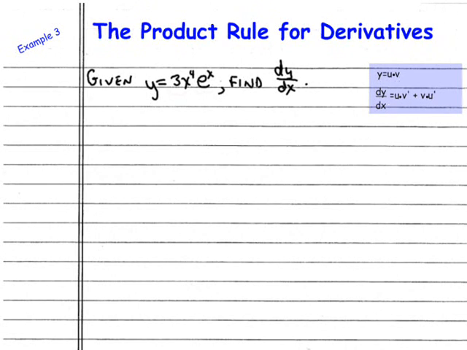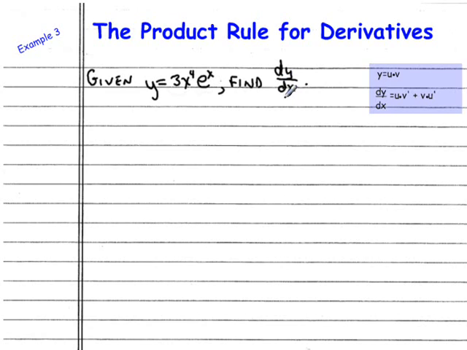Well, example 3 is another example of the need to use the product rule, and in fact we have, again, no other choice but to use the product rule. Well, here we have the function y equal 3x to the 4th times e to the x, and we're to find dy dx, which was, of course, the derivative of y with respect to x.